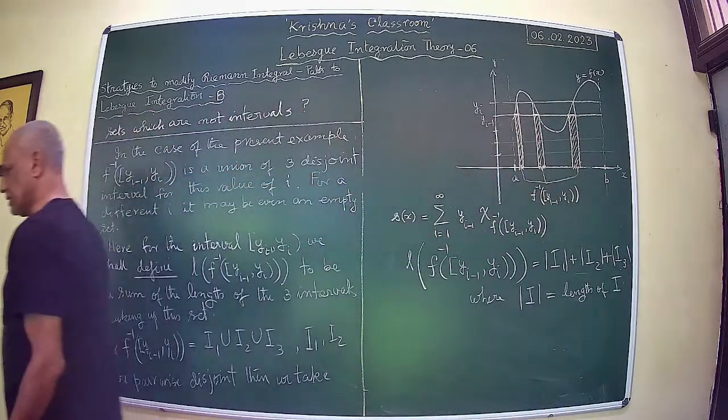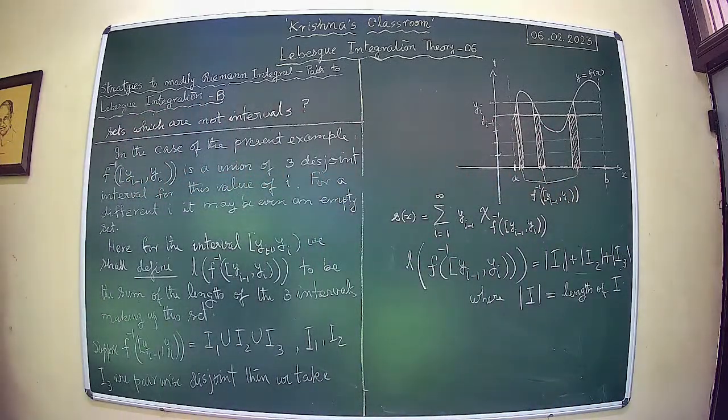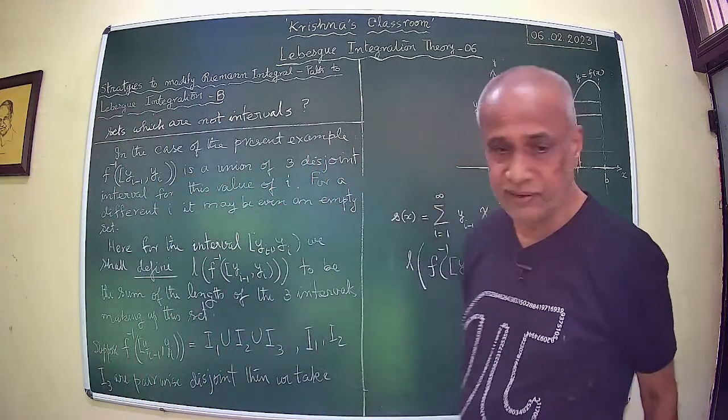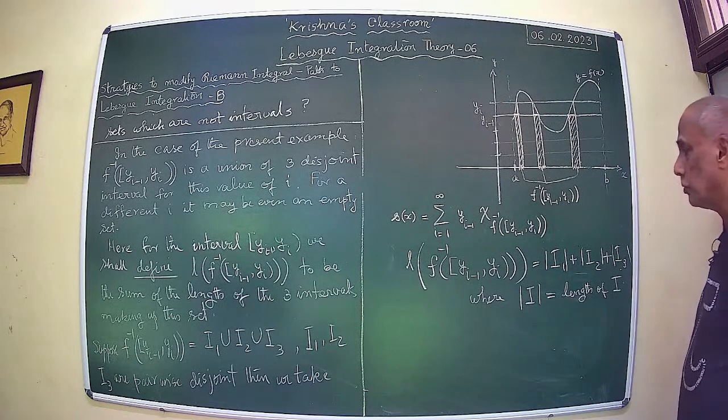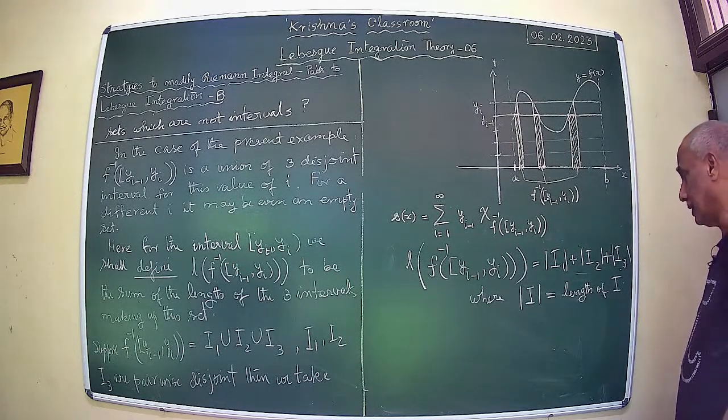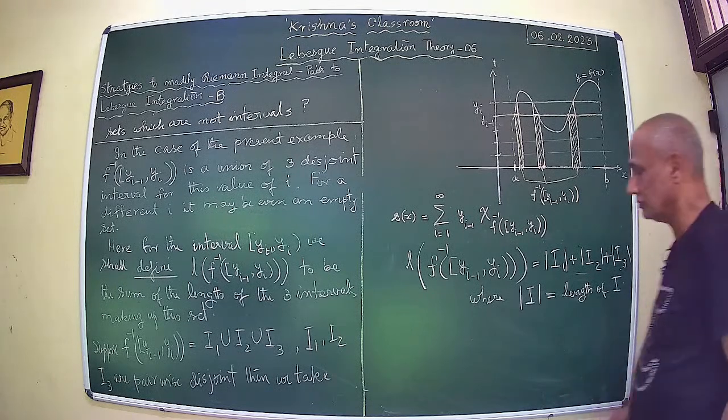So disjoint intervals sometimes you will get, but last time we have seen a function where this pullback may not be an interval at all.